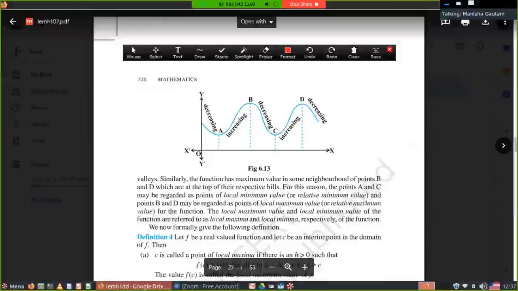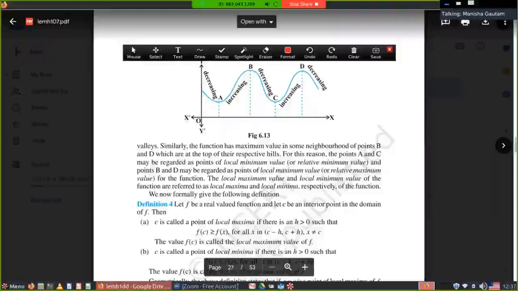It means in one graph, if you are getting maxima and minima both, we have to create intervals very near to those points. Those intervals are known as local intervals, and local maxima and local minima can be found by using the very near interval of that point.